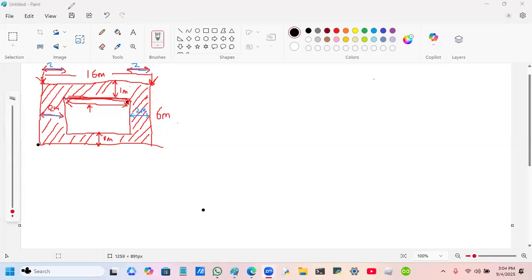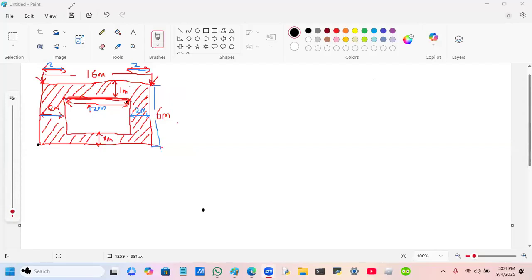12. Okay, yes, that's 12. So I'll just put my 1 and 2 there. 12 meters. Now let us do the same thing for the width. Now remember that the width from here to here is what? 6 meters, right? Now remember, they said along the length side, you have 1 meter margin.